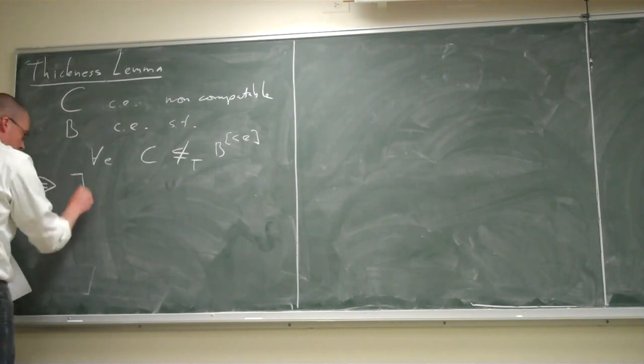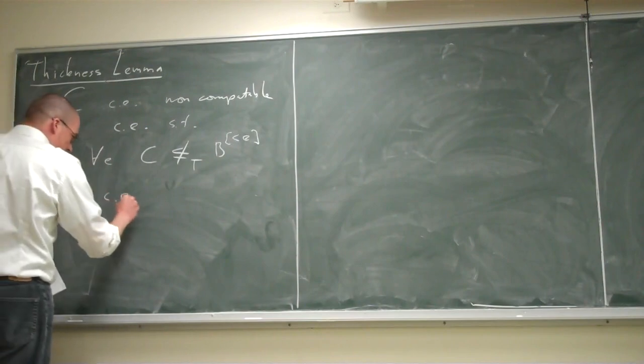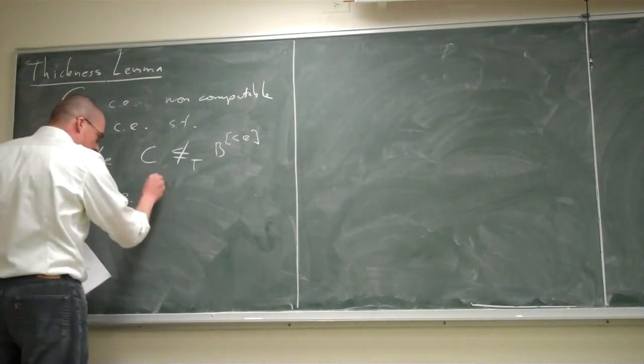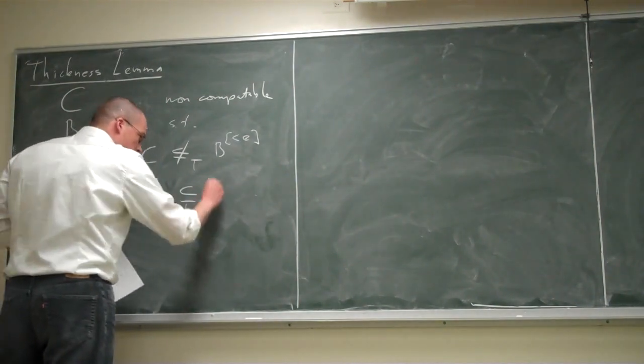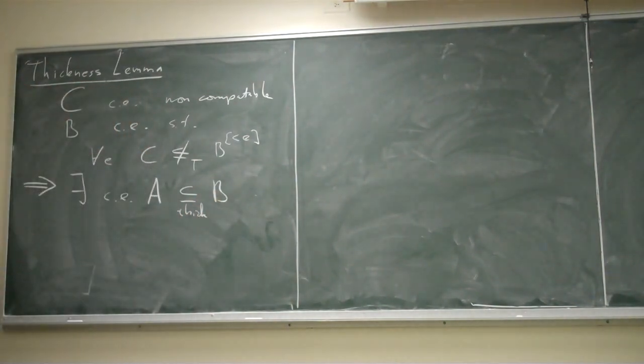Then it is the case that there exists a CE set A, which is a thick subset of B.